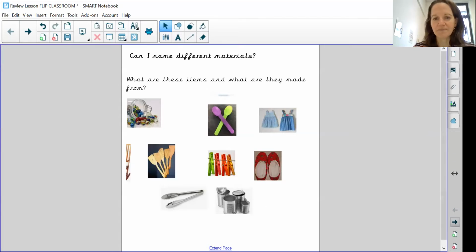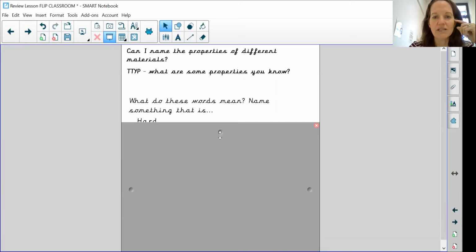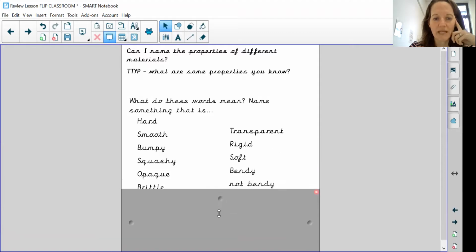That's right, well done. So what are now the properties that we learned about to describe different materials? So let's have a look. So what do these words mean?